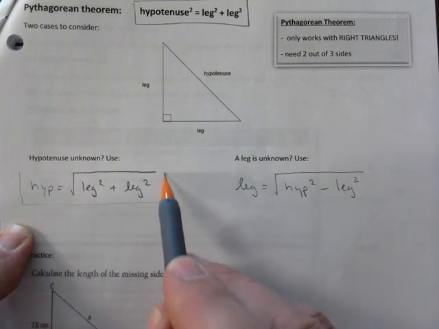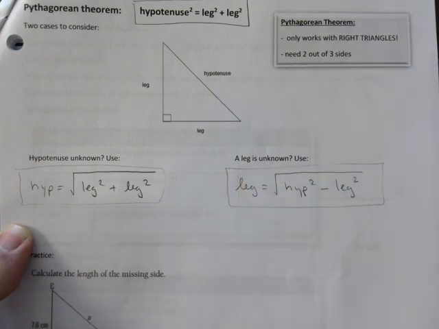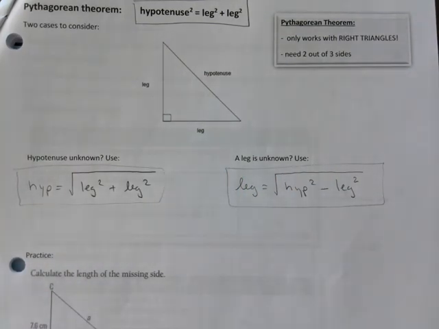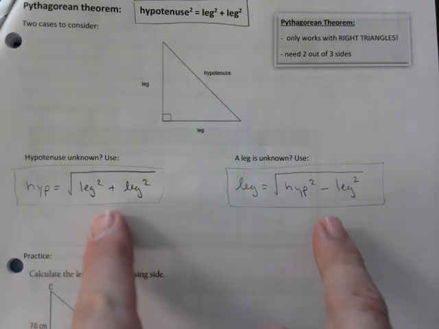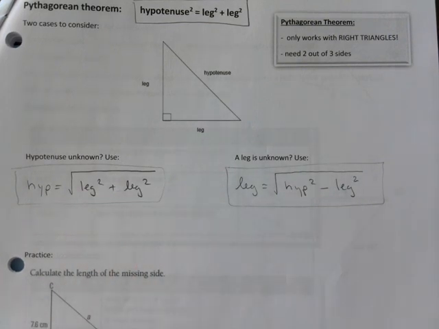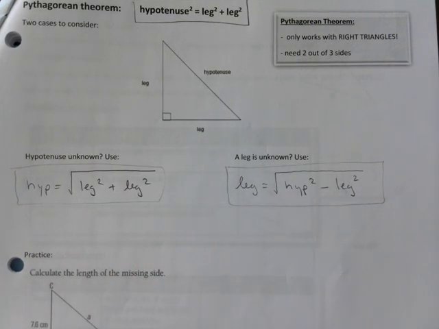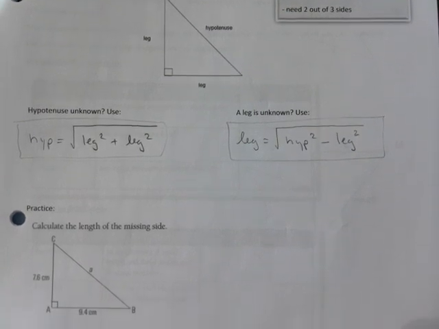I don't even set it up because this is way quicker, and you should be comfortable with that without manipulating the formula, right? You just know which one to use. The biggest difference is the plus and the minus, right? So that's what I'm going to use extensively all the time.